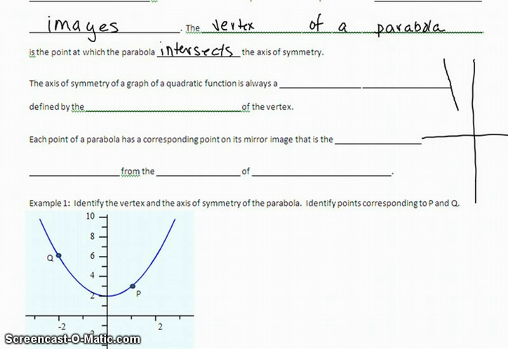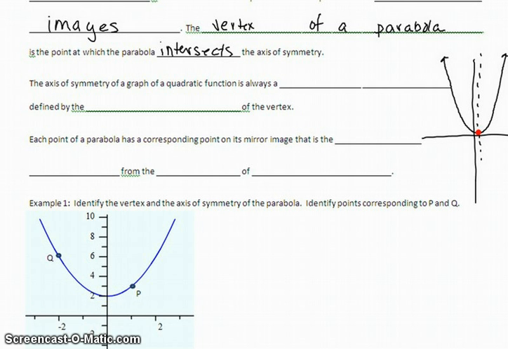So here is my parabola. Looking at this, my axis of symmetry is right here. Now this one doesn't go through the origin. So the axis of symmetry is where the parabola and that line meet, or right here is the point, which would be the vertex. The vertex is where that axis of symmetry and the graph of the parabola intersect.